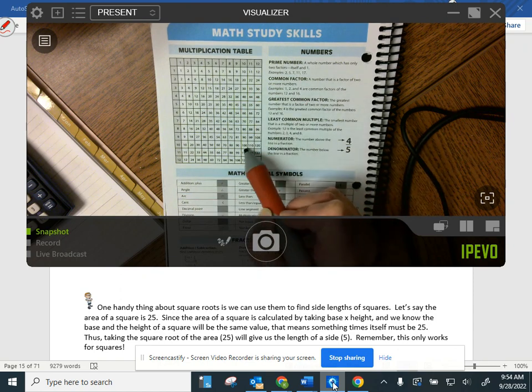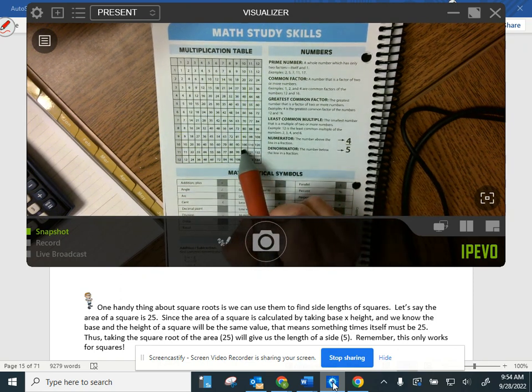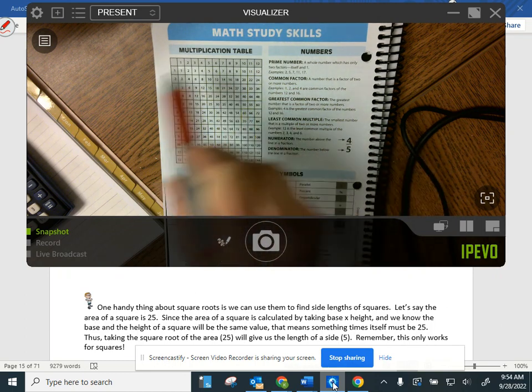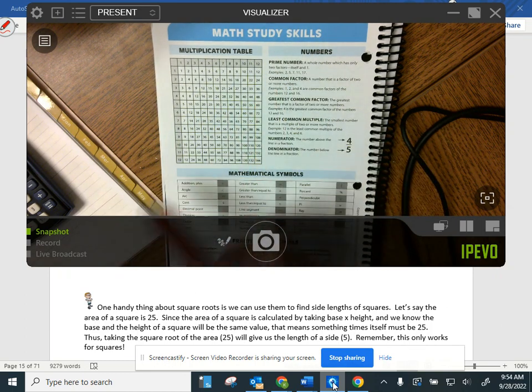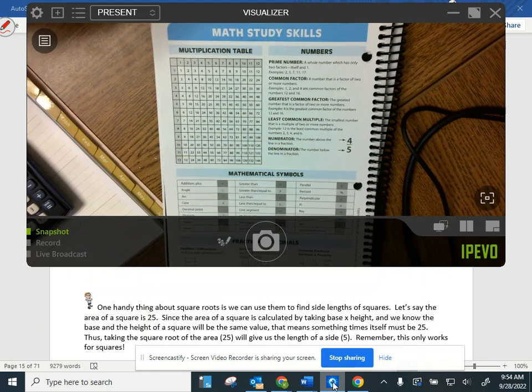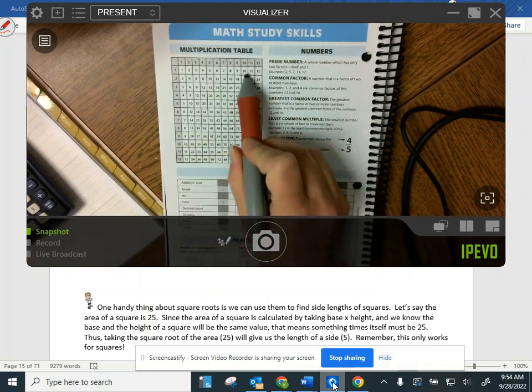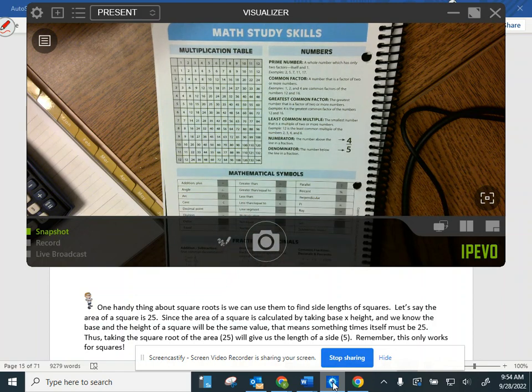Nope, that's the only place I see 100 on this table. So 100, what? There are other numbers we multiply together to get to 100, but they're not on this table. Because it only goes to 12 and 12, it makes it a little easier. So on this table, I can see 10 times 10 is 100.